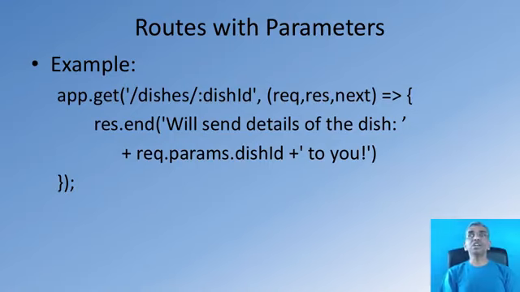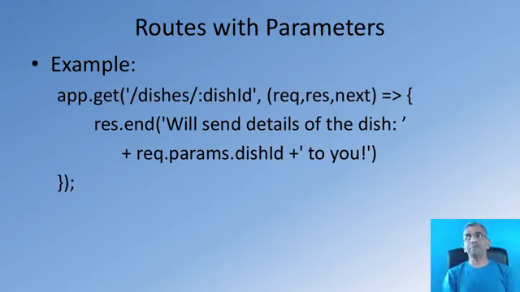In this case, the dish ID itself is specified as a parameter, and the pattern used for that is, as you see in this example, /dishes/, and then you would specify the parameter here. To make it easy for us to understand, I named that parameter dishId. You can use any parameter name that you choose to, but using a meaningful name makes it easier to understand the code.